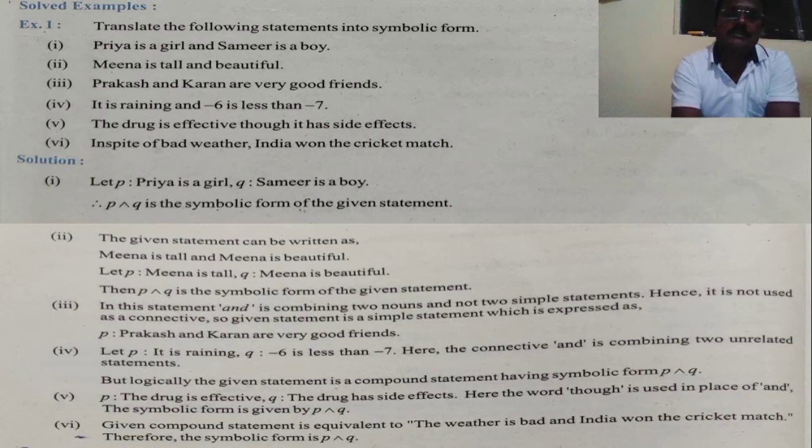The connective here is and, so it is a conjunction. P and Q is the symbolic form of the given statement.